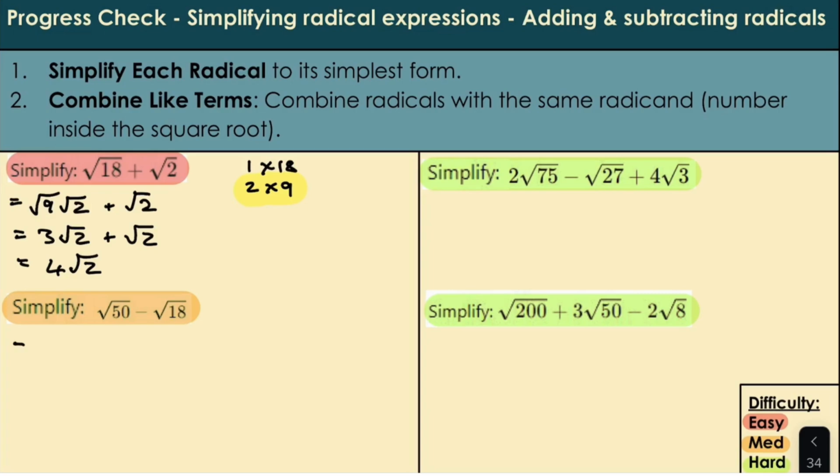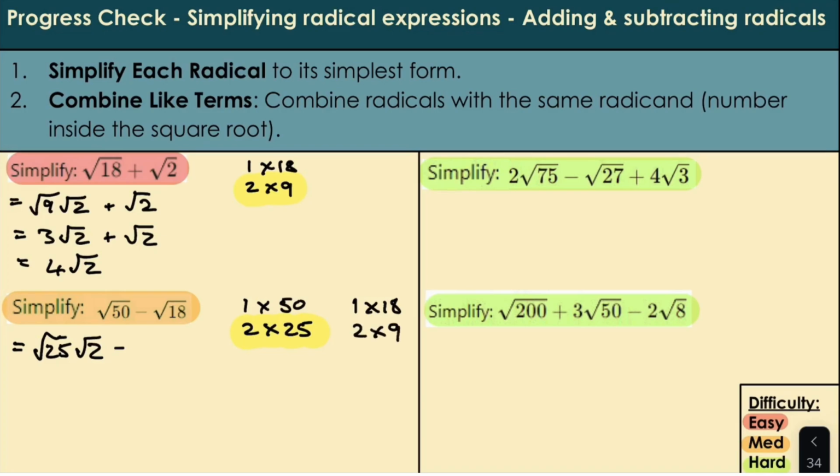Next up, root 50. Factor pairs for 50. Cool. We see our square number 25. So we have. Now we look at 18 and we write down our factor pairs.